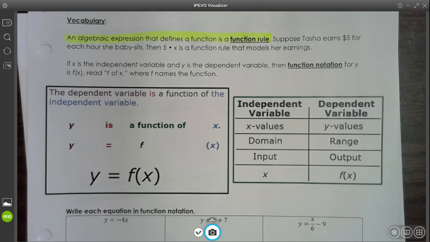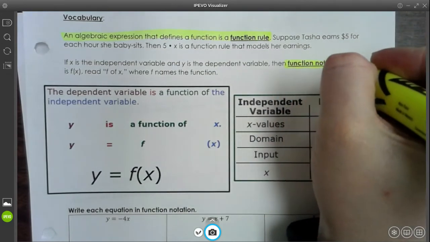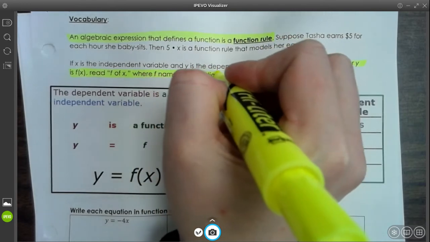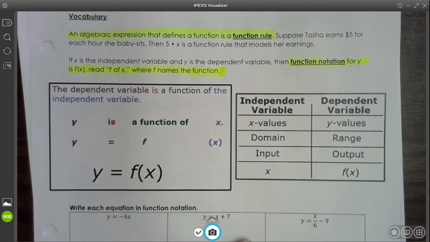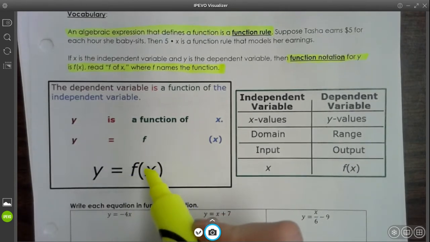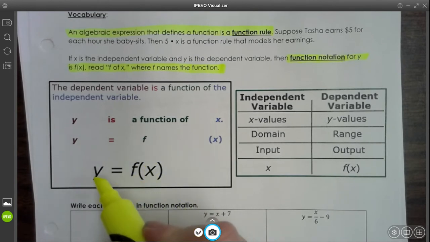Okay? If x is what we call the independent variable and y is the dependent variable, then function notation for y, we call it f of x, or read f of x, where f names the function. Okay, so what's really important to know is f of x is just another way to say the dependent variable or the y.